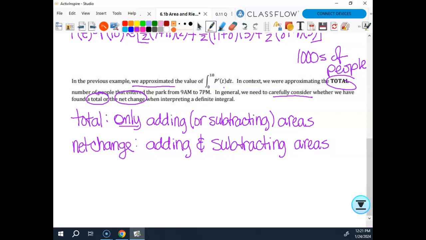So if we said this is the rate that people are coming in, this is the rate that people are going out, then we could figure out the net change, not how many people entered or how many people exited, but we're doing both at the same time or something like that. Okay? We're not going to focus on this too much at this point, but I just wanted to at least throw it out there, and we're going to start kind of thinking about things a little bit like that. Everybody okay so far? All right, flip it over.